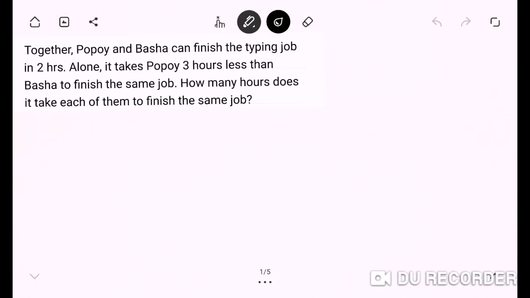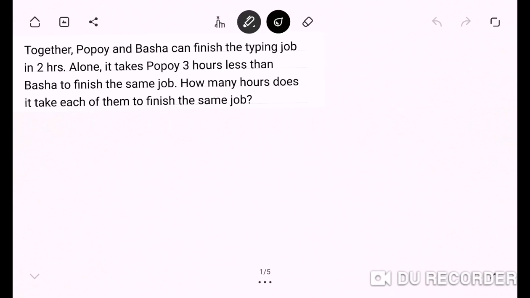So, basahin muna natin. So, together, Popoy and Basha can finish the typing job in 2 hours. Alone, it takes Popoy 3 hours less than Basha to finish the same job. So how many hours does it take each of them to finish the same job?